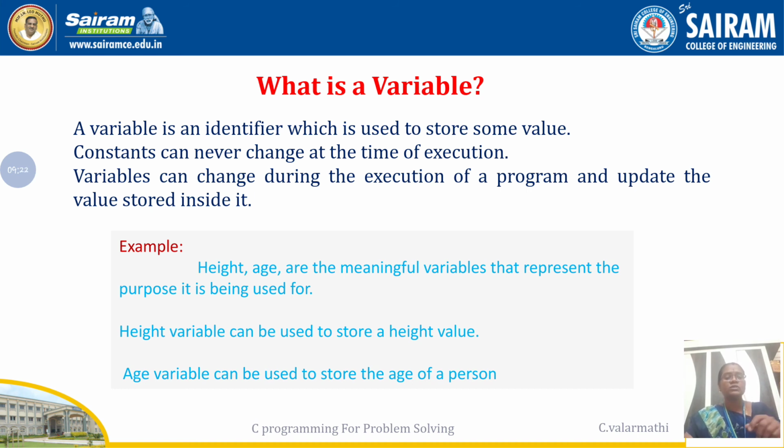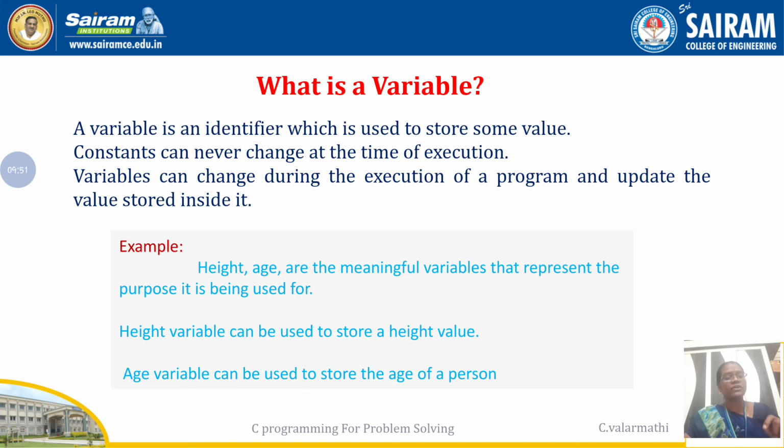Right. So I am giving the examples here. Height, age are meaningful variables that represent the purpose they are used for. Height variable can be used to store a height value. Age variable can be used to store the age of a person. That means the names we are giving to variables are analogous to your concept. Say for example, if you want to mention the height of a person, you can give the identifier as height.